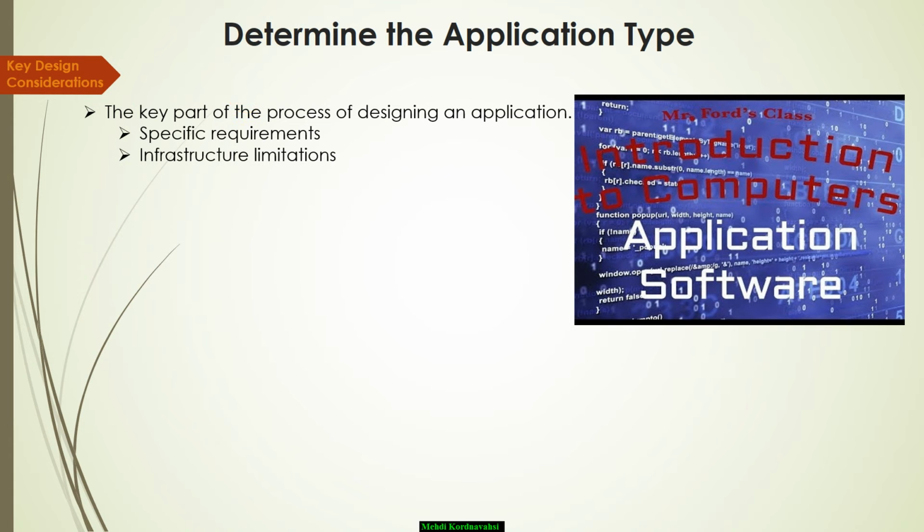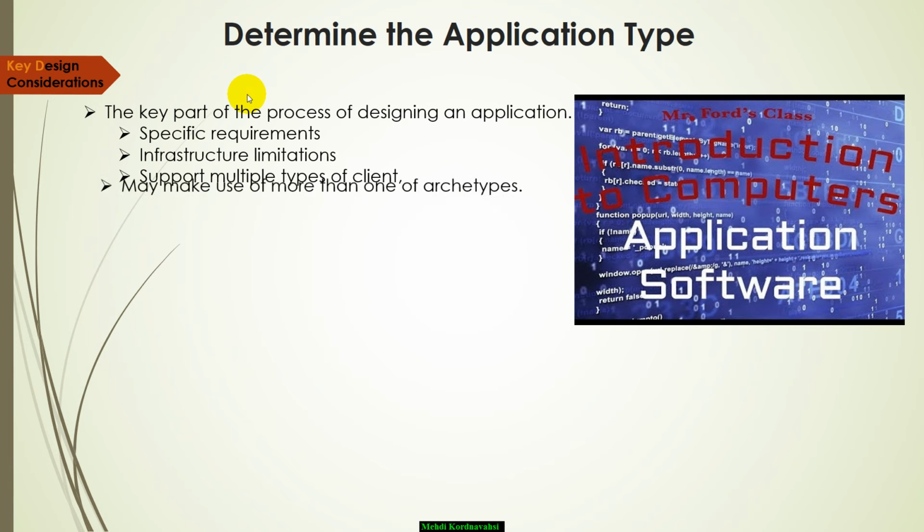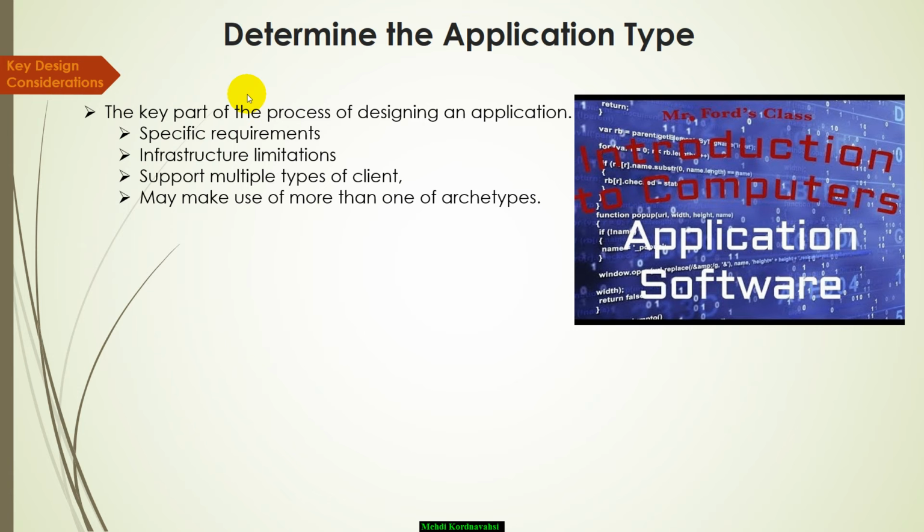Many applications must support multiple types of clients and may make use of more than one of the basic architecture types. This guide covers the following basic application types.